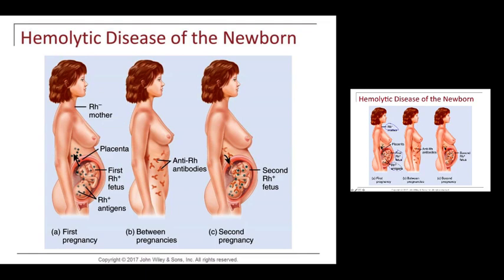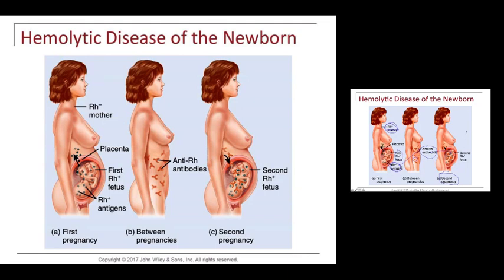When the baby is delivered and there's this exchange between the Rh negative mother and the Rh positive baby, the mother is going to produce antibodies against the Rh positive antigens. And that's what these are. Now, if the mother gets pregnant a second time, that's when these antibodies are now going to attack the baby and destroy the red blood cells.